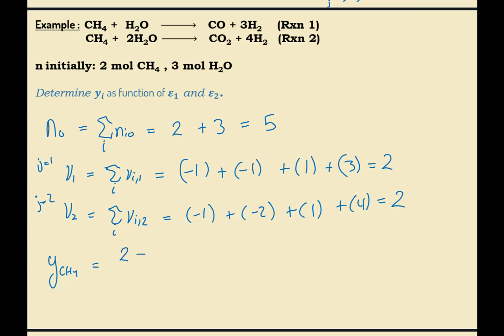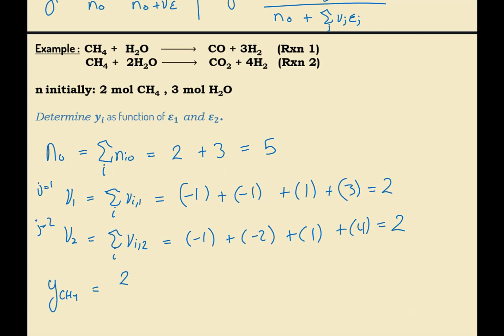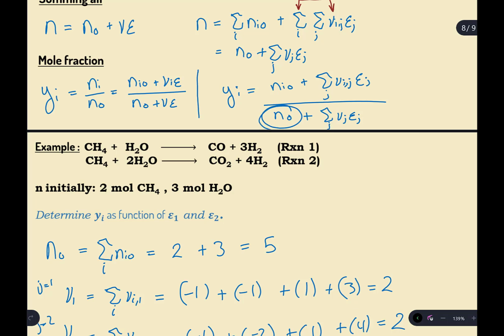And for the first reaction, how much is it being consumed or produced? Its stoichiometric number is negative, -1, multiplied by epsilon 1. That is the first reaction. Second reaction, consumed, also the same amount, so epsilon 2, divided by the initial number of moles, 5, right? Because this is what we have here.